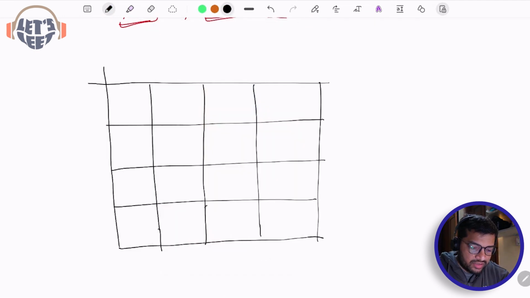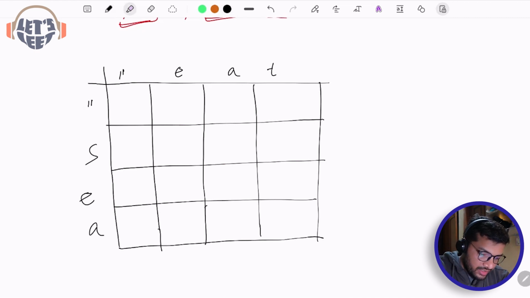What we will do is I'll write both of these strings, one column-wise and one row-wise, leaving the first as blank. This is the blank. Okay, I'll write "eat" here, I'll write "sea" here. Okay, let me highlight this.